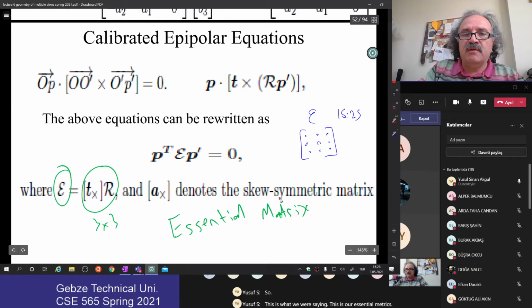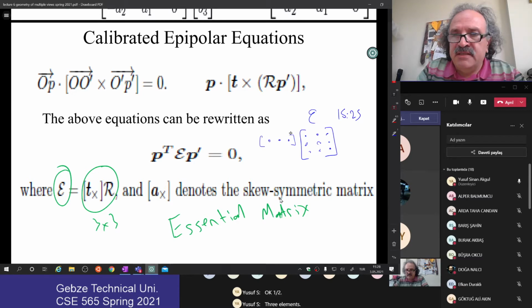And P prime is another 1, 2, 3 elements. If I multiply this with this one, what am I going to get? I am going to get a vector of 3 elements, a row vector, and I multiply it with this one, and it's going to produce a 0.